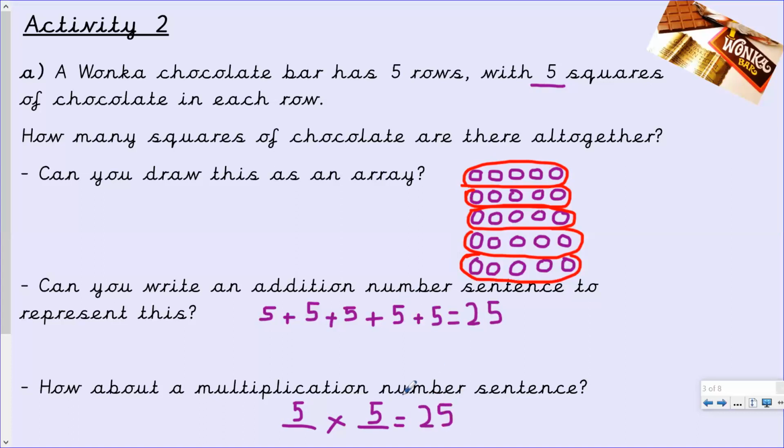So both of these questions answer the first question. How many squares of chocolate are there altogether? There are 25 squares of chocolate altogether. Once you finish this question, we're going to move on to the next one.